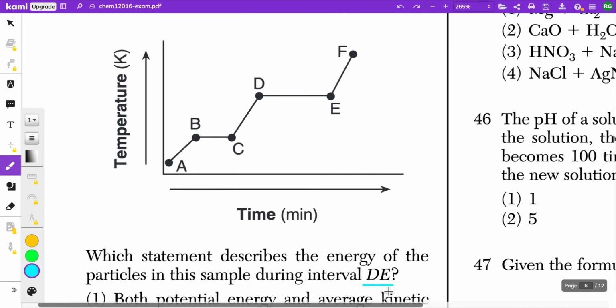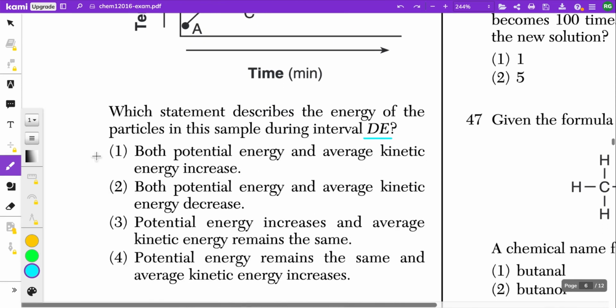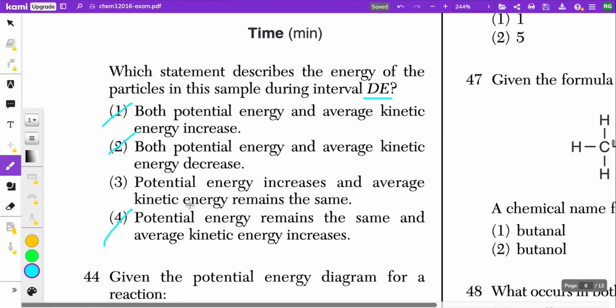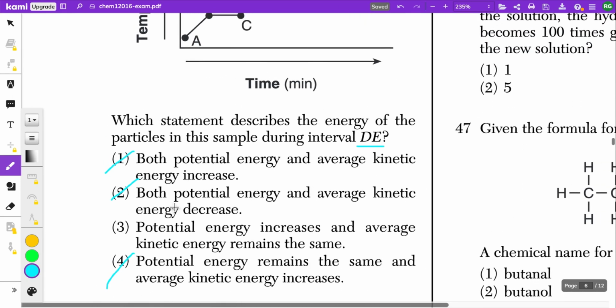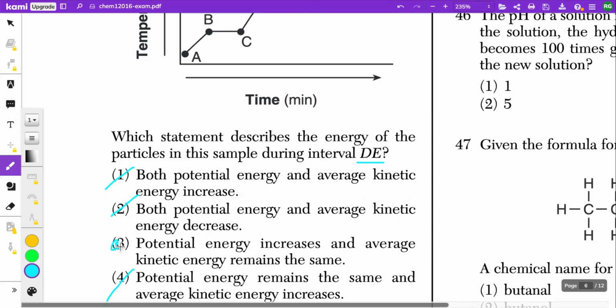Our particles are pretty much going to move the same speed from this point to this point. So we know that answer choices 1, 2, and 4 can't be our answer, because from this graph the average kinetic energy stays the same, and the only answer choice left is number 3.